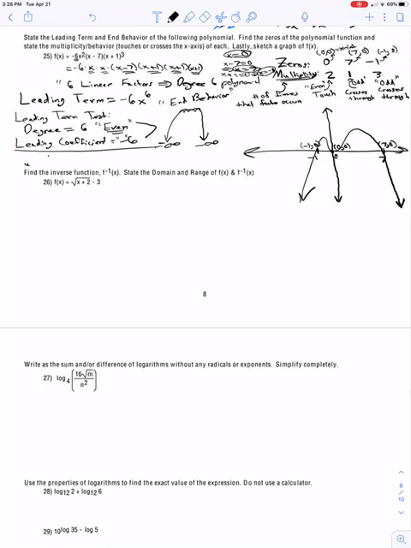And remember, our left tail and our right tail both go to negative infinity. But there's a sketch of that graph based off that information. So using our leading term test, our zeros and multiplicity, we can get a quick visual of the polynomial of higher degree. All right, we'll stop there and continue on here a little bit.